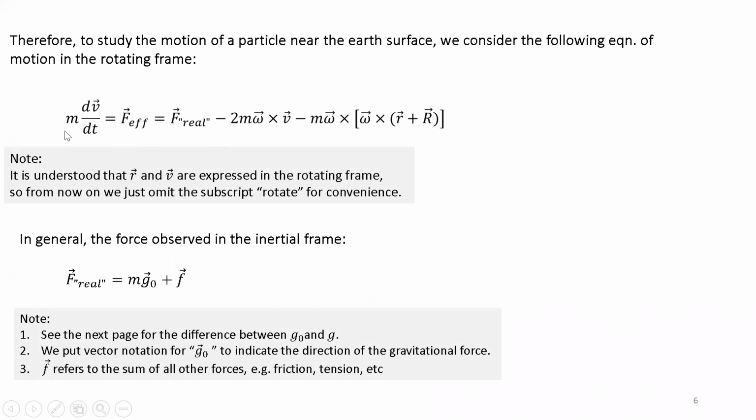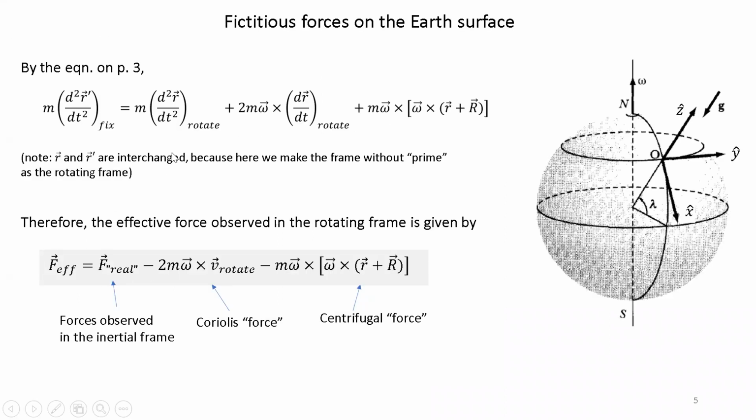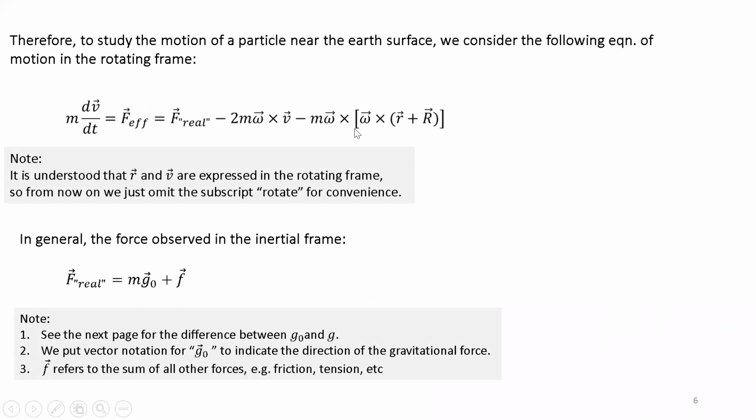This m dv dt: I no longer worry about the subscript here, because from now on we will only use the rotating frame. So understand that this dv dt will always mean the acceleration of the particle as observed by us, the rotating observers.